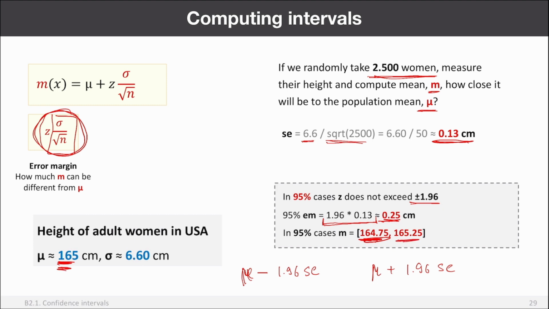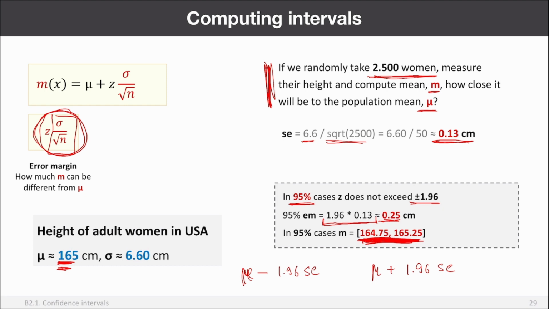So this is my expectation from future experiments. If I indeed make this experiment that I described here, the average I get with 95% probability will be bounded by this range, by this interval. And I can repeat this for any probability. In this case, I chose 95% probability, right?